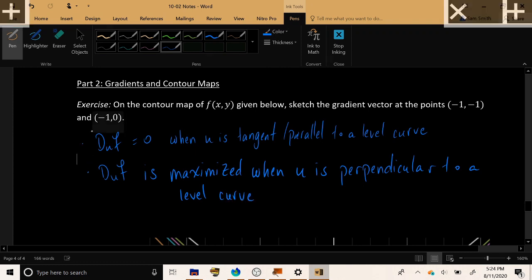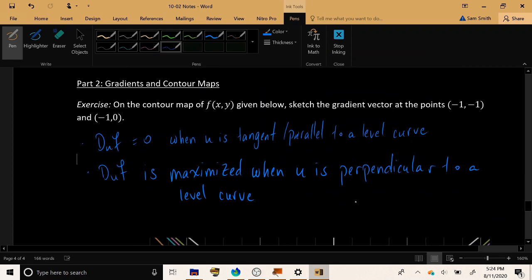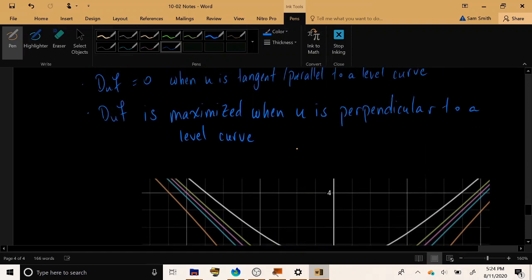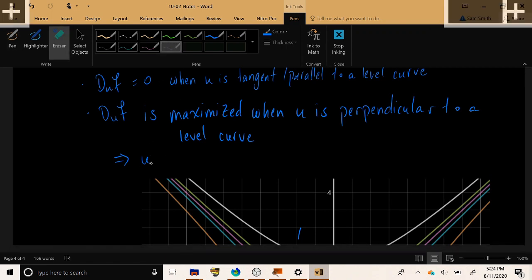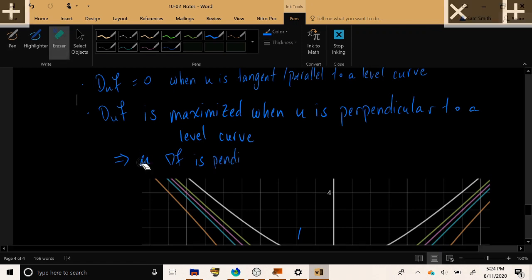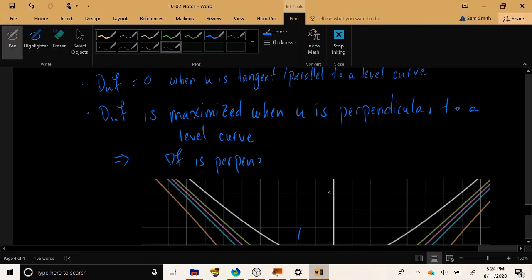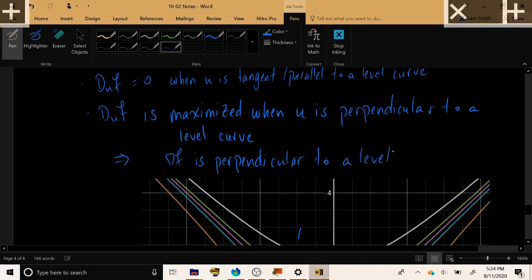Now, if the derivative is maximized when u is perpendicular to a level curve, and the derivative is maximized when u is equal to the gradient vector, then it must be true that the gradient vector is perpendicular to a level curve.